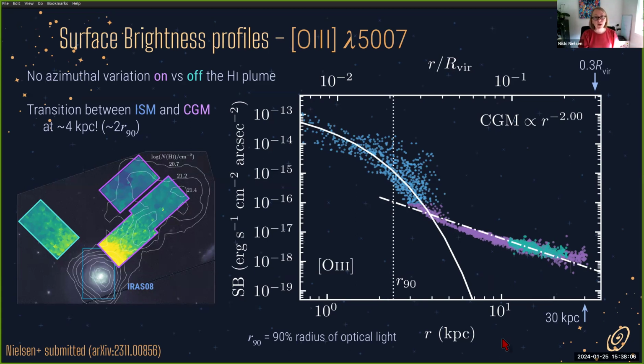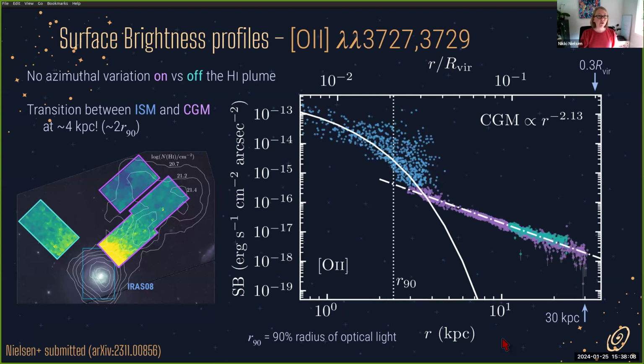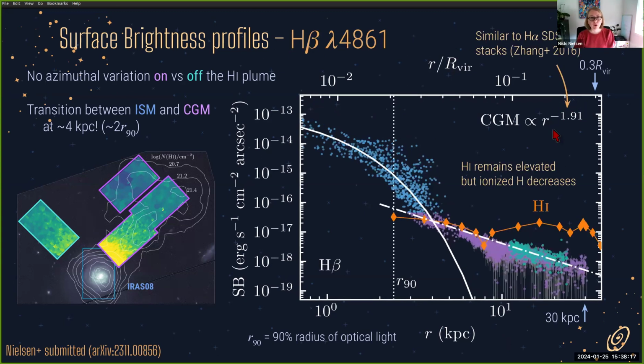We see it in [O III] because we have an IFU, and we have multiple lines. So we also see it in the [O II] doublet, where the slope of the CGM is a little bit more steep. And we also see it in H beta, where the slope is a little bit more shallow. But this slope is comparable to the H alpha emission SDSS stacks I showed at the beginning of the talk.